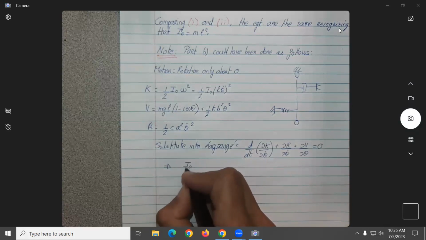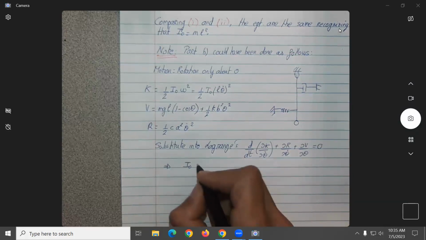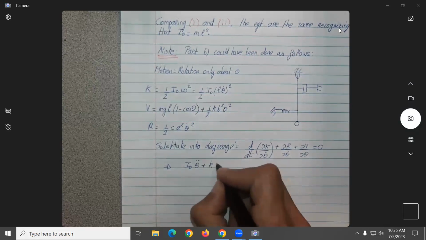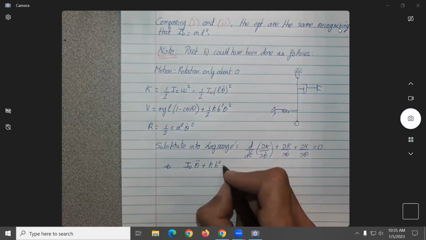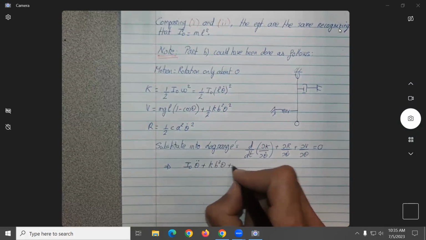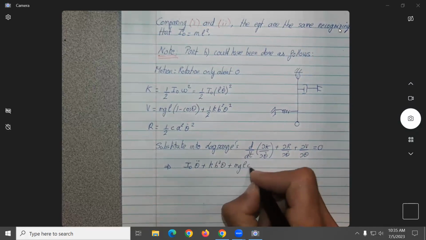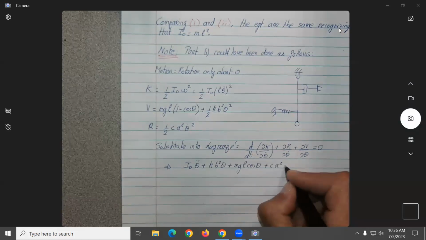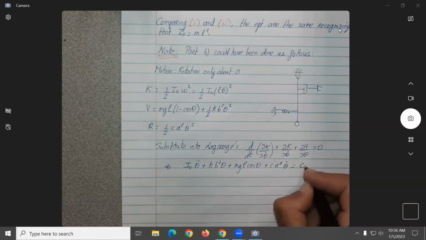Instead of having the m l squared, we'll have I sub naught theta dot dot plus K B squared theta plus mgl cos theta plus C A squared theta dot equal to 0.